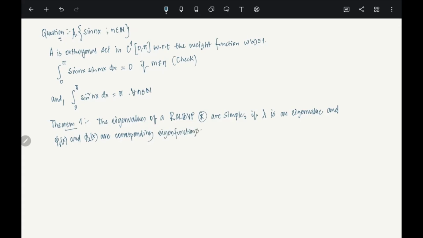Because if phi is an eigenfunction, a constant times phi is also going to be an eigenfunction. So phi1 and phi2, let's say there are two corresponding eigenfunctions for a given eigenvalue lambda.